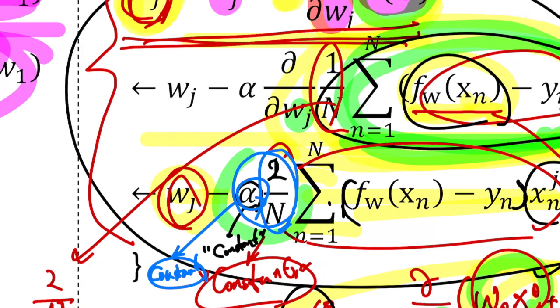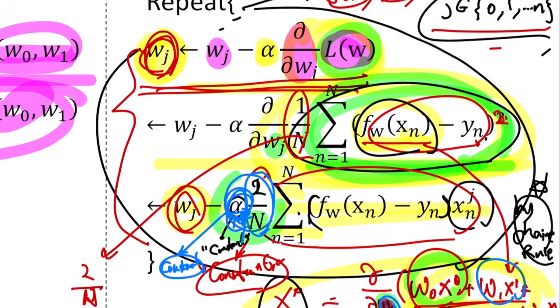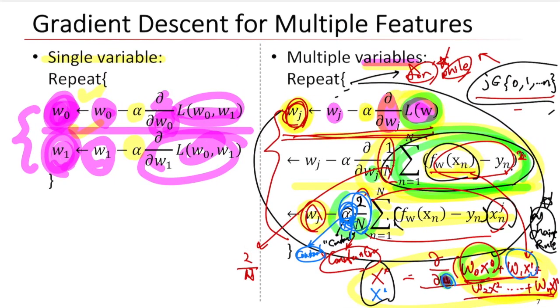If you didn't implement this normalized term, then we can adjust the learning rate to alpha over n, because this is only a constant term. Anyway, this is one step of the gradient descent for multiple features.